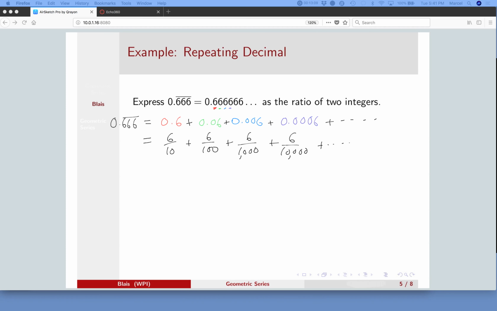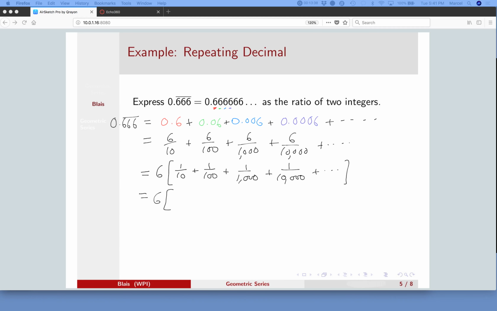And now note there's a 6 common to all of these terms, so we can factor that out. So this is 6 times a tenth plus a hundredth plus a thousandth plus a 10,000th, so on and so forth. But now note that each one of these terms is a power of 10.